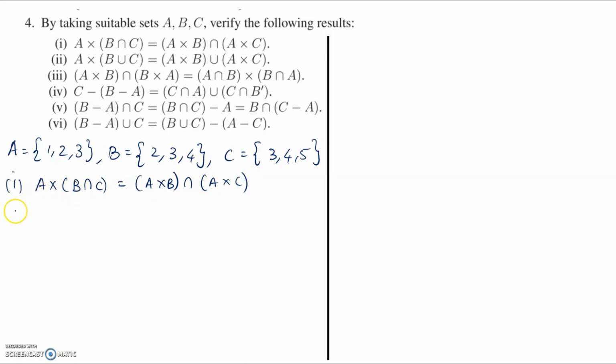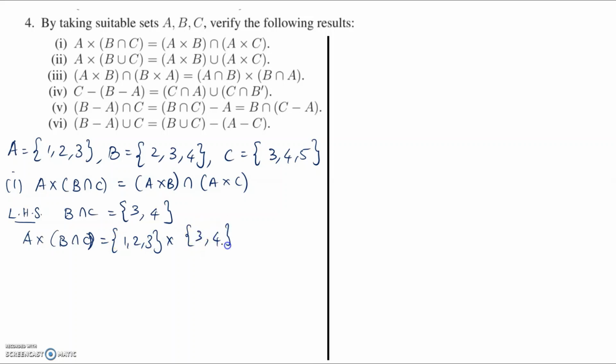Right, so let's take the left hand side and work first on B intersection C. So B intersection C would be {3, 4}. Then A Cartesian with (B intersection C) will be equal to, our A is {1, 2, 3}, Cartesian product with {3, 4}.